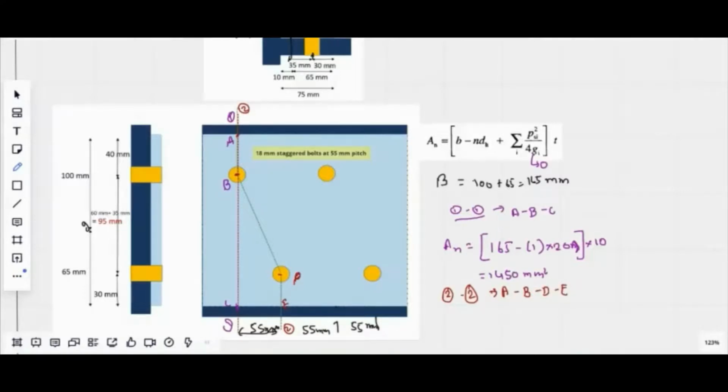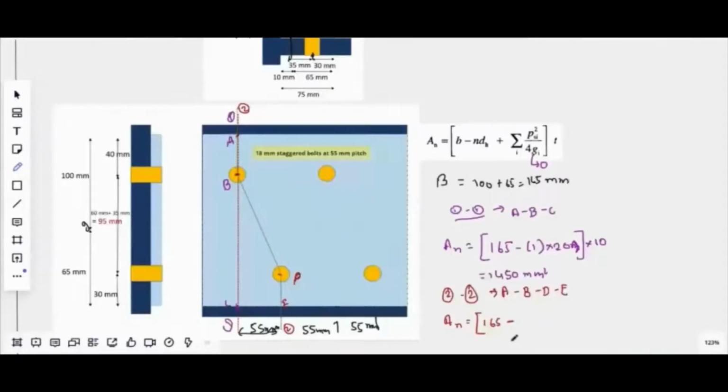In this case, the net area An is given as 165 minus n, where n is the number of bolts. There are two bolts, into the diameter of bolt hole, which is 20 mm, plus there is only one inclined pitch.